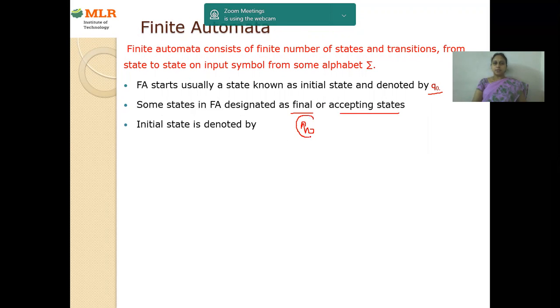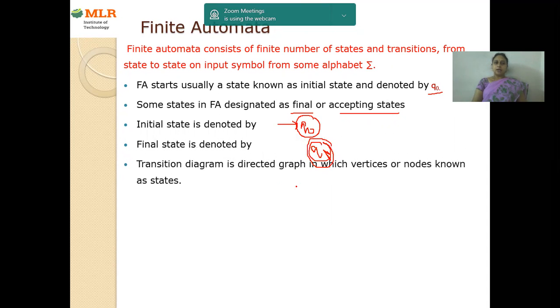The initial state is denoted by Q0, and we represent it with a circle and an arrow. Then the final state is denoted by some other state with a double circle. Then coming to the transition diagram. A transition diagram is a directed graph in which the vertices or nodes are known as states.